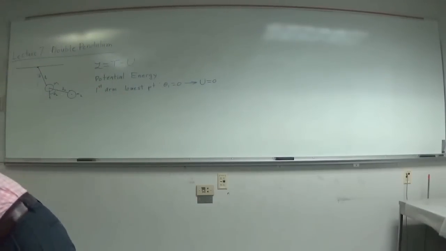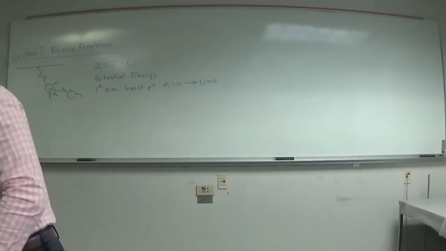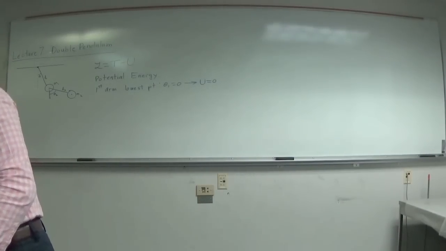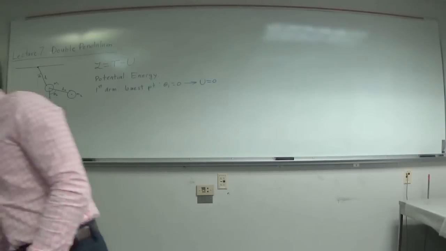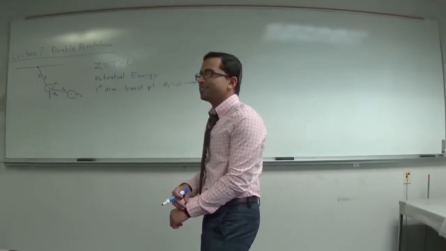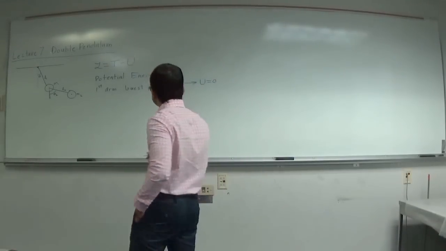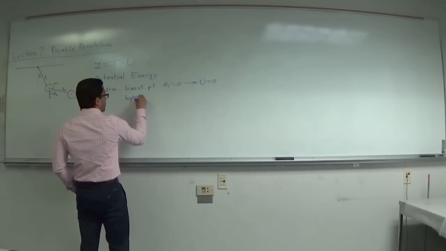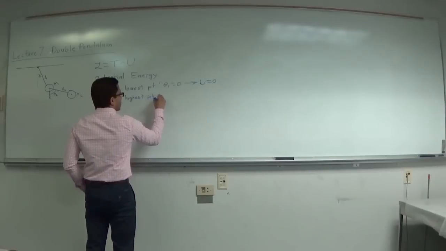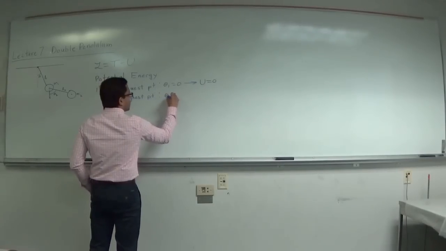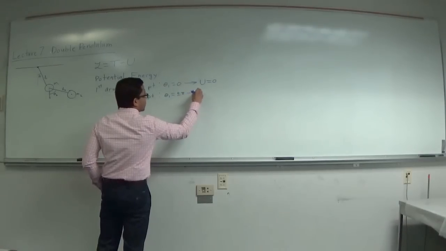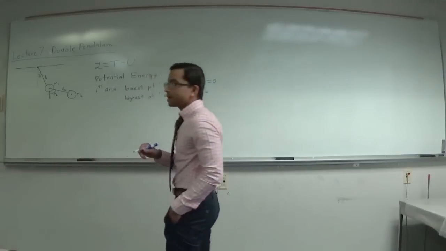And we can also have the top pendulum going all the way over here, right? So what is it at the highest point? It's not going to be 0 at the highest point. It's the max. Let me just write it. Theta 1 equals plus and minus pi. So what is U for that case?